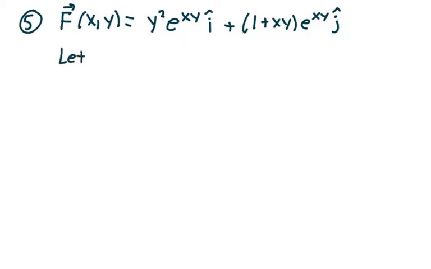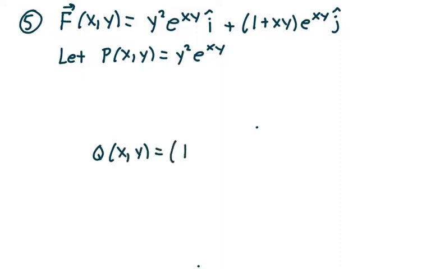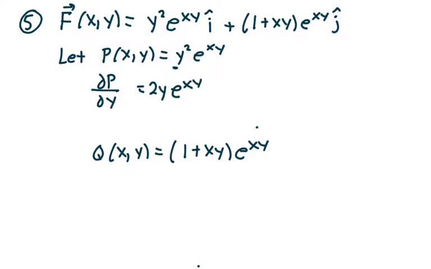Okay, so let p of xy equal y squared e to the xy, and let q of xy equal 1 plus xy times e to the xy. So I'm going to take the partial of p with respect to y. And since each factor has a y in it, I have to apply the product rule. So I'm going to take the derivative of the first function, which is 2y, and multiply by e to the xy.